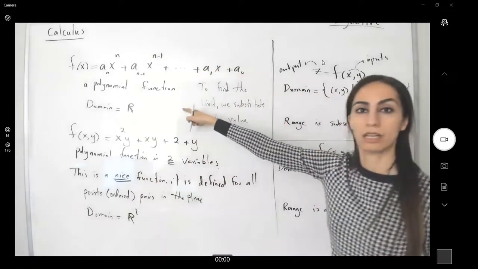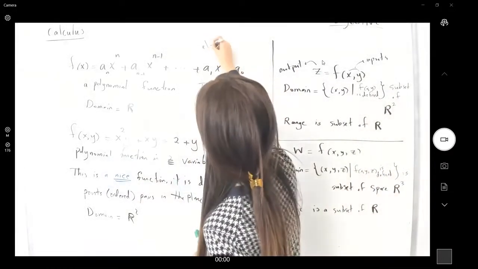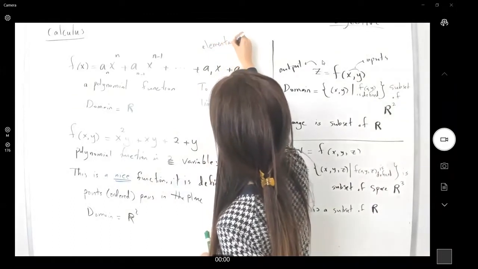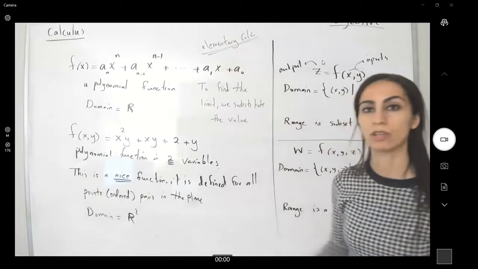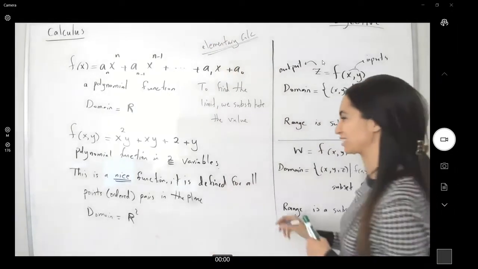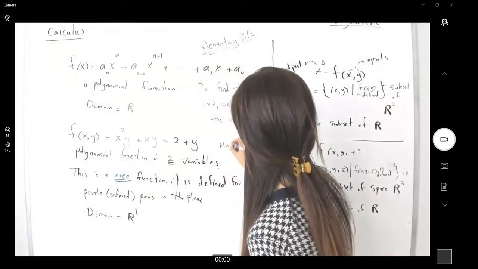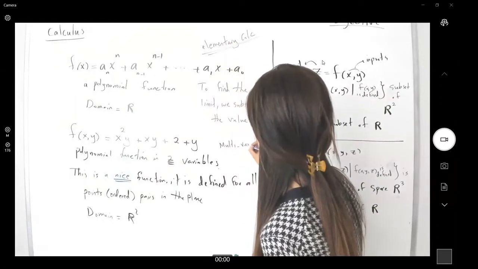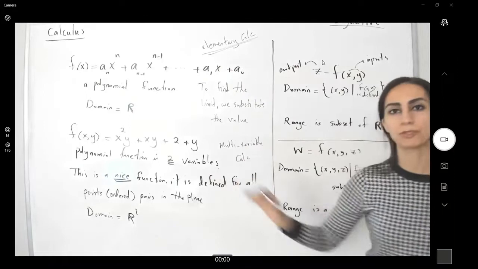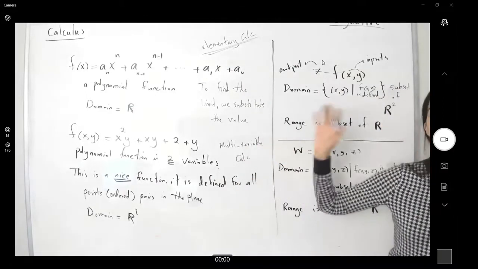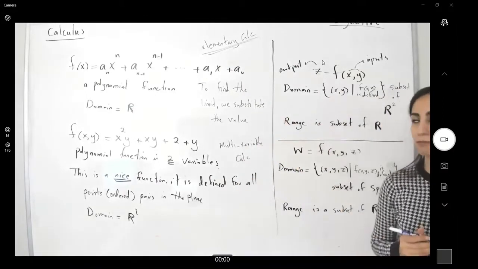This is what you learned in elementary calculus, and this is what you learn in multivariable calculus. By substituting the values, you can easily find the limit of the function.